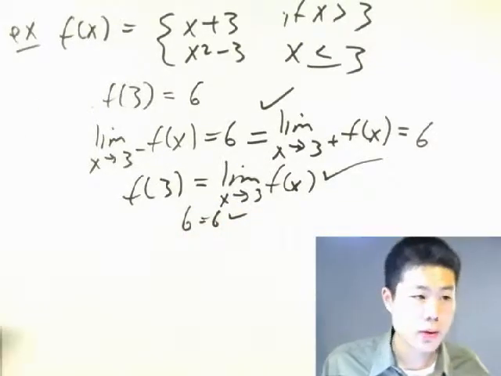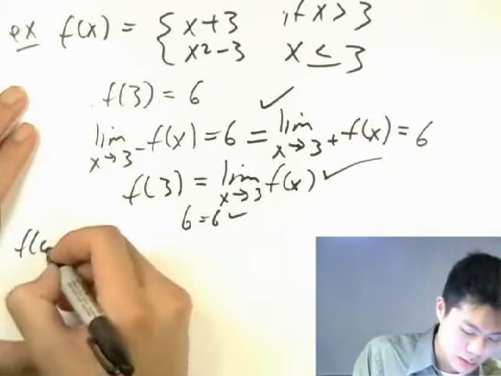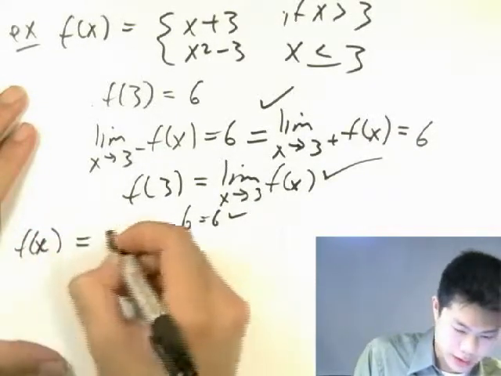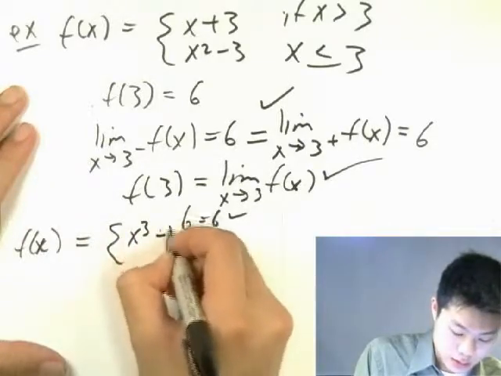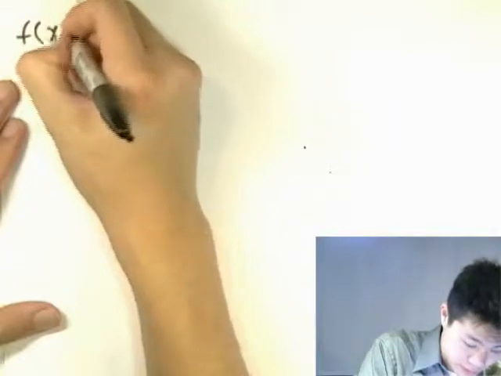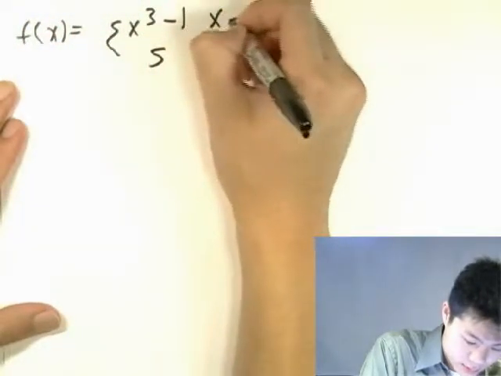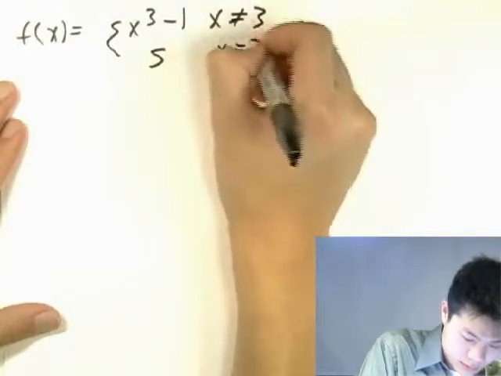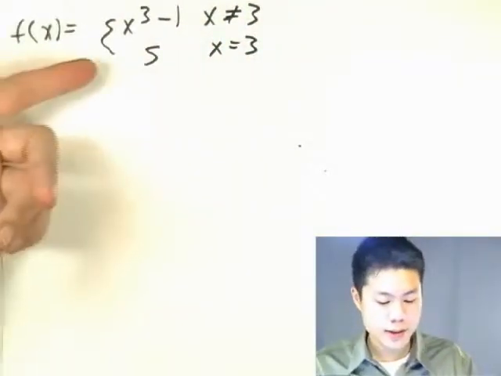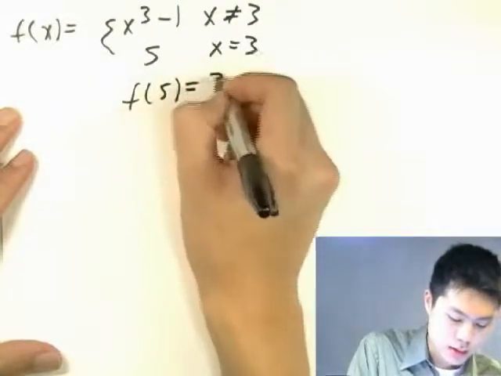So let me give you an example of a point discontinuity. Okay, this is kind of a redundant example, but I'm starting to graph. You should get it here. Okay, we see here that at x equals 3 the function is defined.